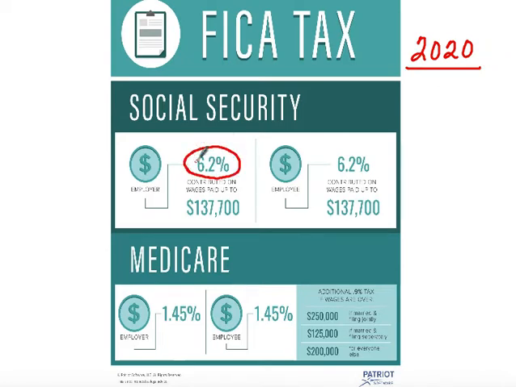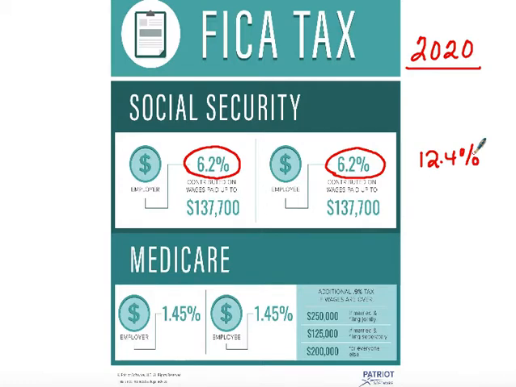Now that 6.2% is directly paid by the employer, but the employee also matches that and pays a 6.2% rate as well. Now, if you are self-employed, then you would double this and pay a 12.4% rate into your Social Security system out of your paycheck.